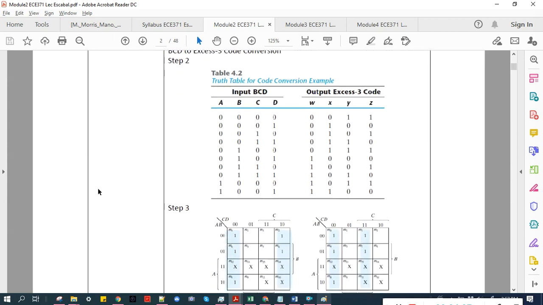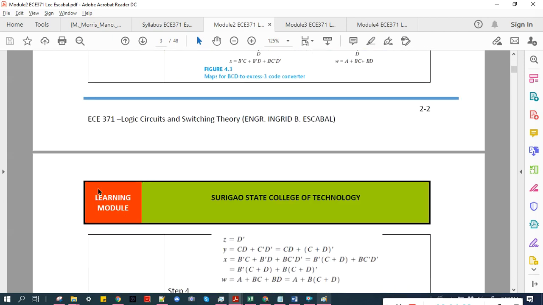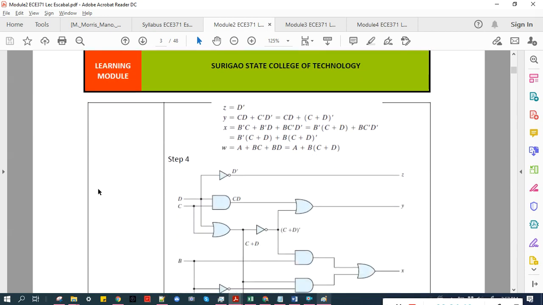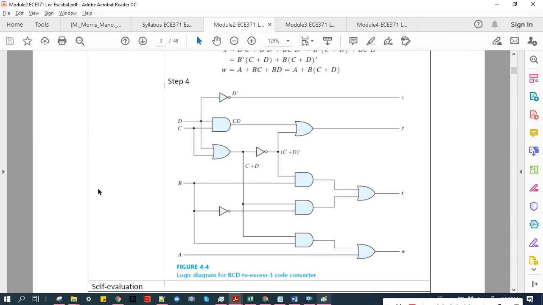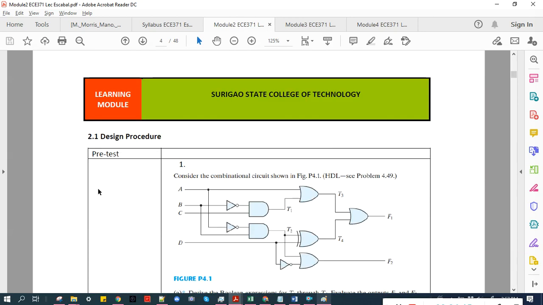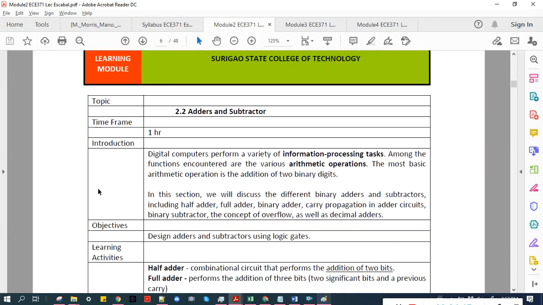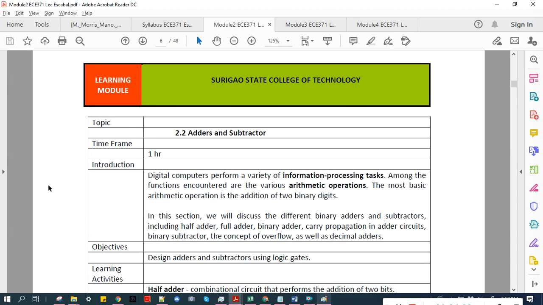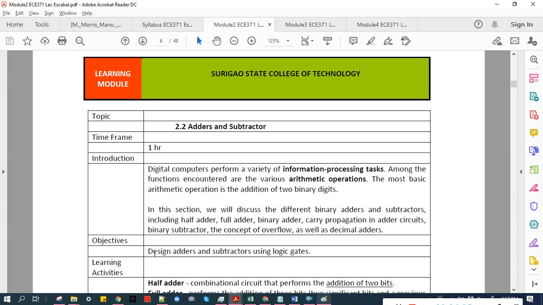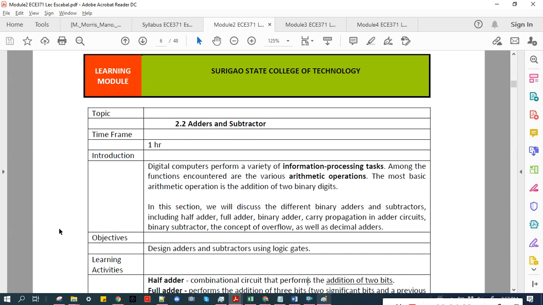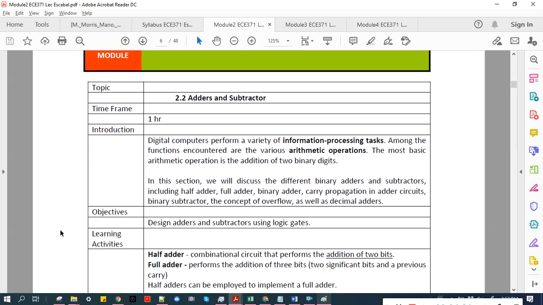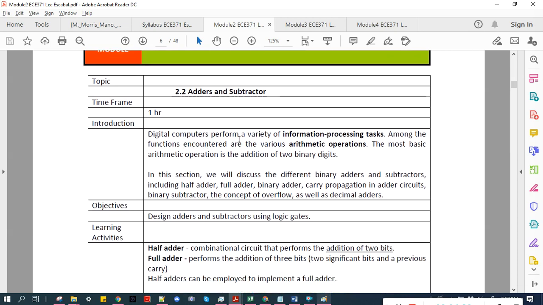In designing our combinational logic circuits, for subtopic 2.2, adders and subtractors, our objective is to design adders and subtractors using logic gates. Digital computers perform a variety of information processing tasks.